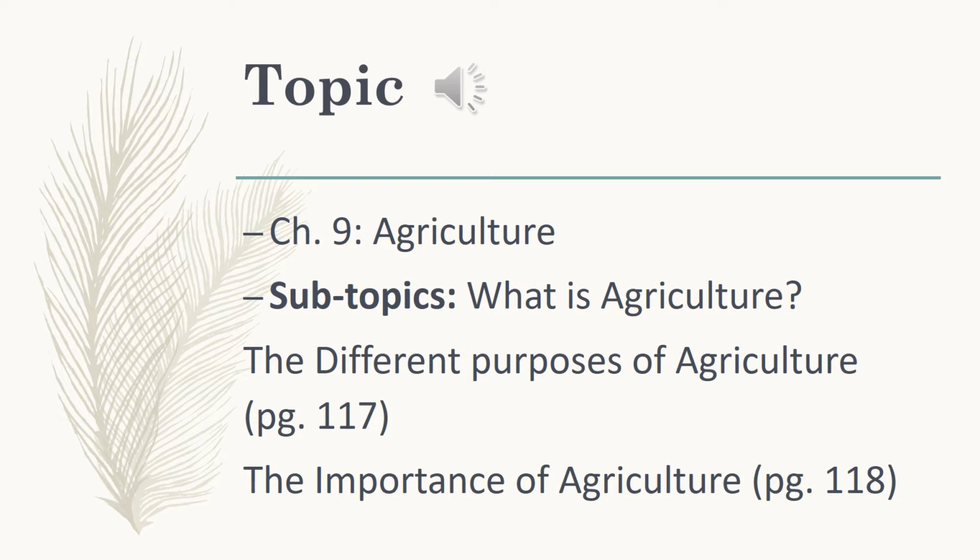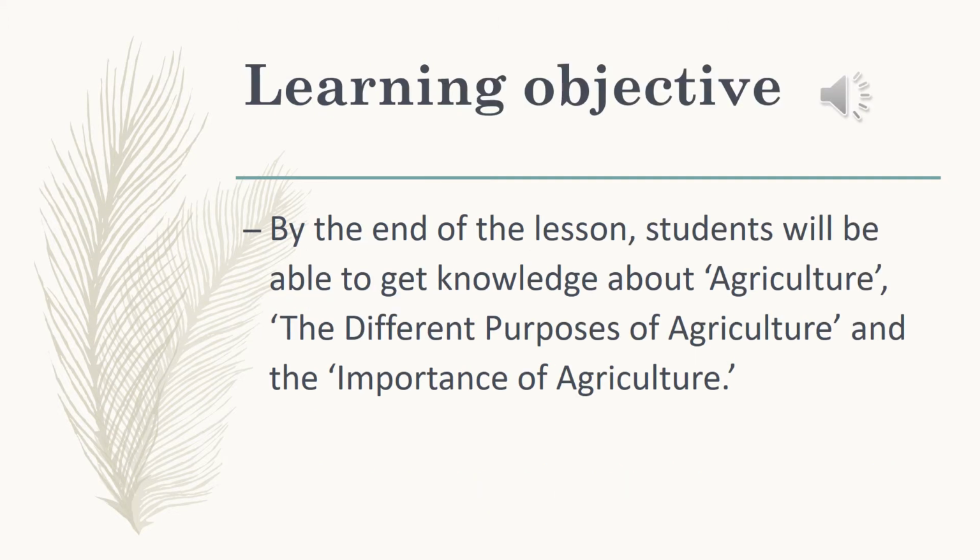On page number 117 and 118. Learning objectives are: by the end of the lesson, students will be able to get knowledge about agriculture, the different purposes of agriculture, and the importance of agriculture.